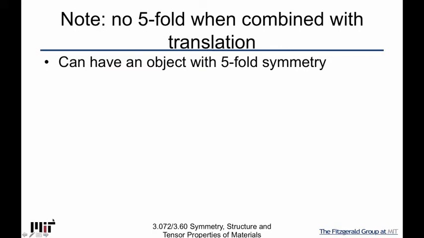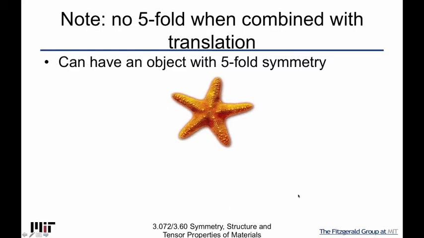Before we go into that, remember we arrived at how, from our simple theorem of combining any rotation with a translation vector in the most generic sense, that the fivefold axis can't fill space. Now, I just wanted to make sure that we all understand you can have fivefold symmetry. In fact, here's a very simple rendition of that, a starfish, which has fivefold symmetry.